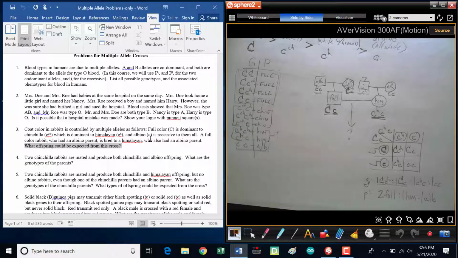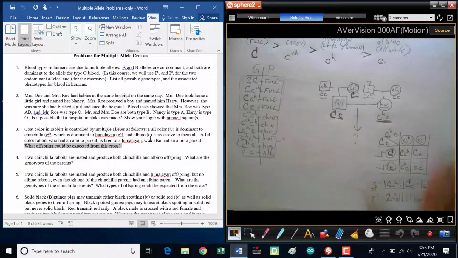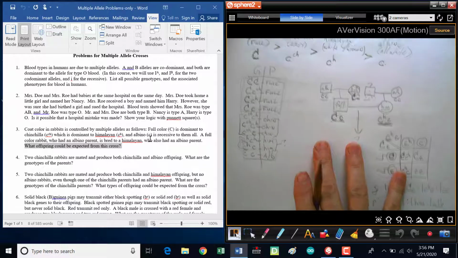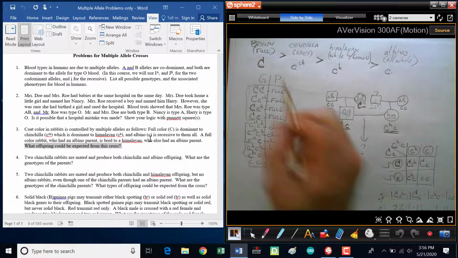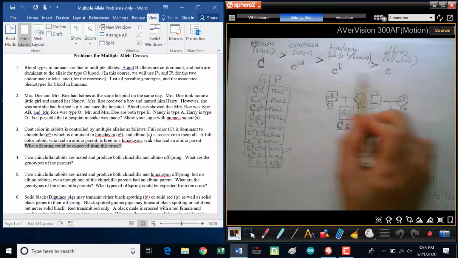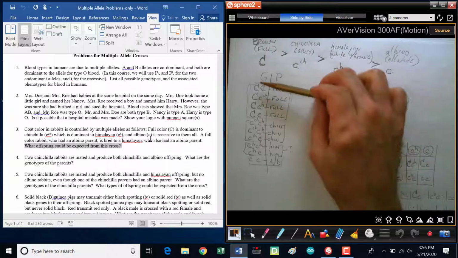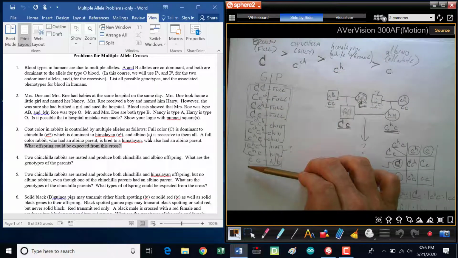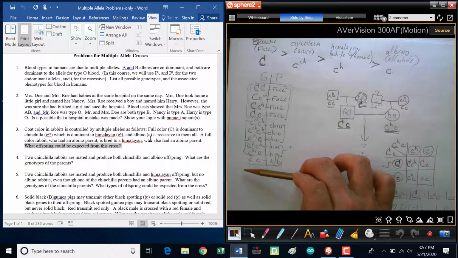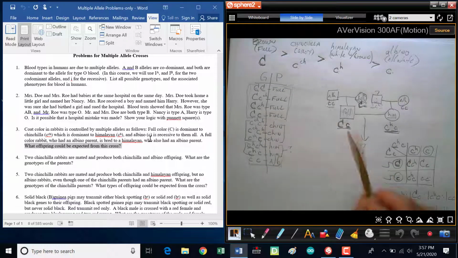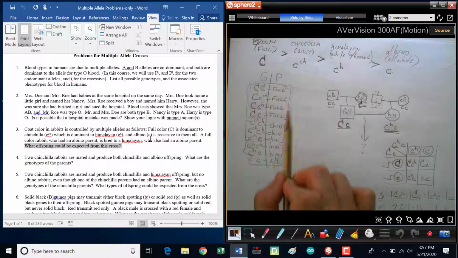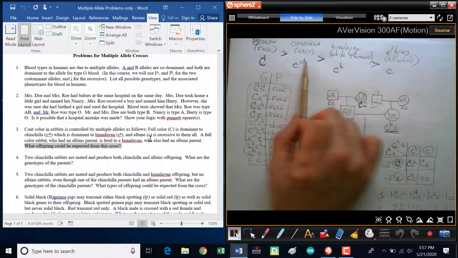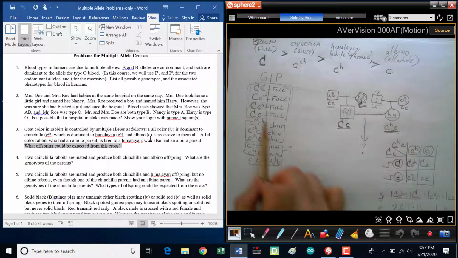So basically, everything we did was the same as we would with a simple dominance, except we write out all the different alleles, which makes a very complicated Punnett chart. But taking the time to do the Punnett chart really helps us think, well, if I got an allele like this and an allele like that, what would it look like? And you have to take that and go C, CH, and CH, C, CH, and CH.